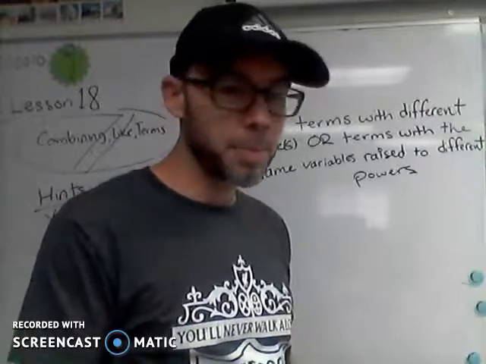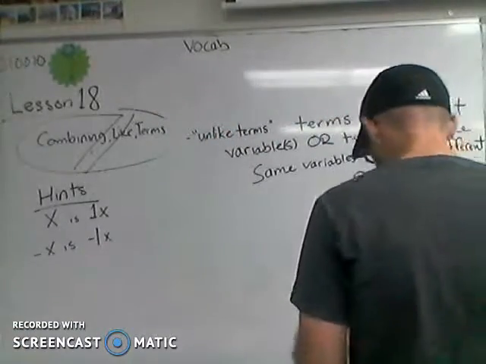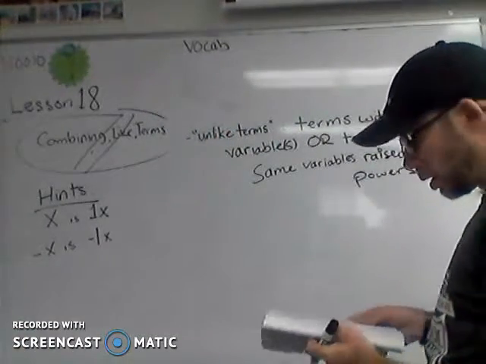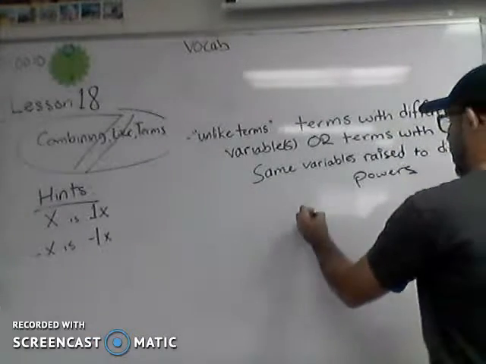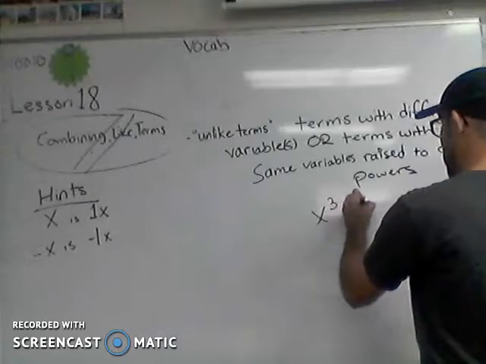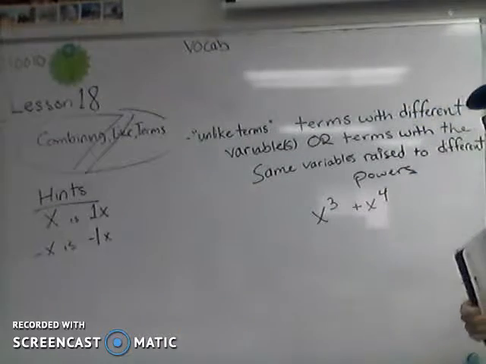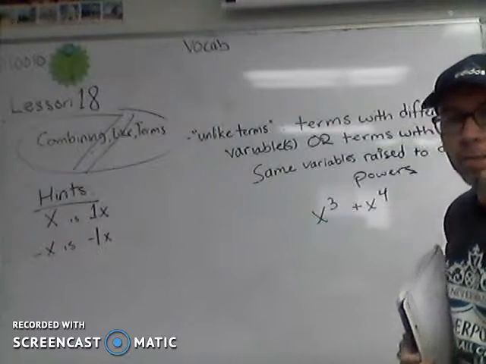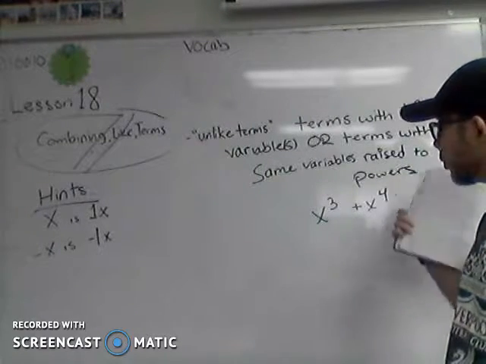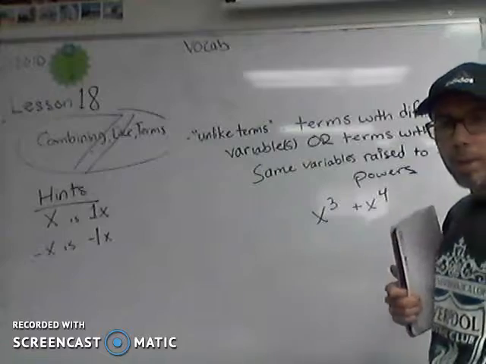Let me give you an example. You could have x cubed and x to the 4th. I can't put them together because they're unlike each other. They are the same variable, but they're raised to different powers.